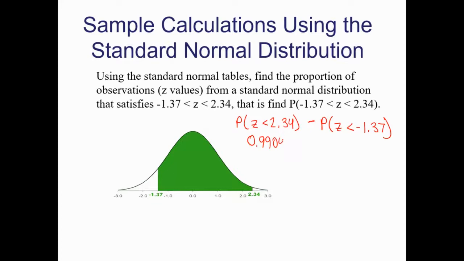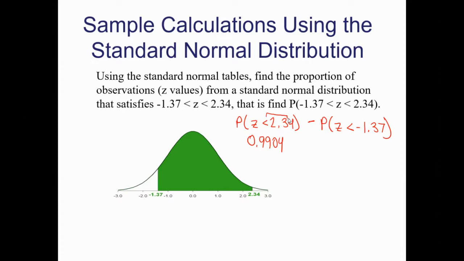How do you find that in the table? You'll see a column going down the side that says 0.0, 0.1, 0.2, and so on. You want to look for the first two digits. In our case, you look for 2.3 going down the side.